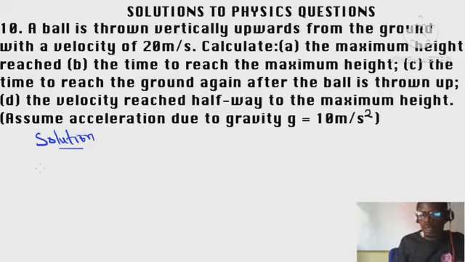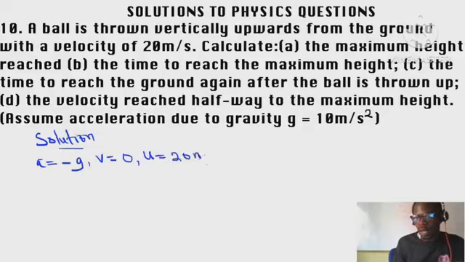The first thing we need to establish is that our a equals minus g, because the ball is being thrown vertically upward from the ground. And the question says, calculate the maximum height reached. At the maximum height, the final velocity is equal to 0. And the initial velocity u is going to be the 20 meters per second as we are given.